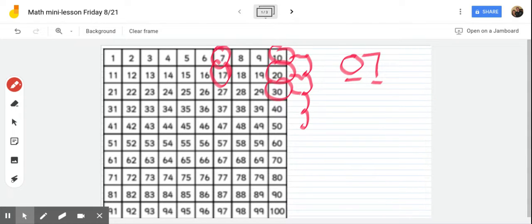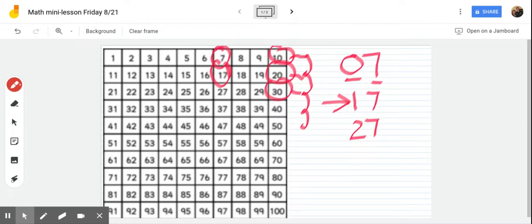If I want to add one group of 10, all I have to do is go from 0 up to 1. Keep the 7 the same. I didn't change anything in the ones place. I simply counted up by tens. Now, if I want to add one more group of 10 to this right here, I can simply go from a 1 to a 2. Again, the ones place stays the same.